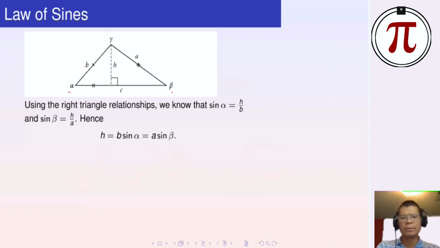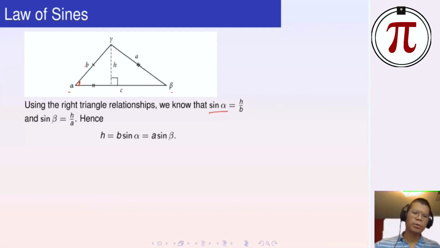We know for this angle alpha, sine of alpha is h over b. Sine alpha is the opposite over the hypotenuse, so sine alpha is h over b.